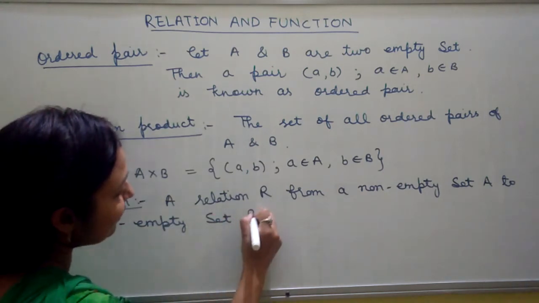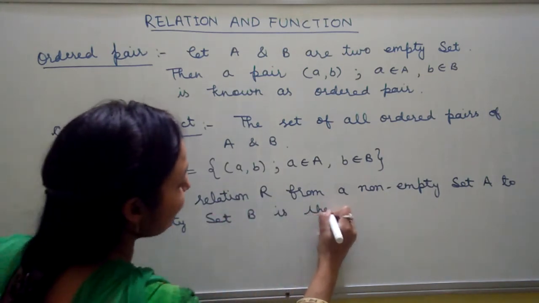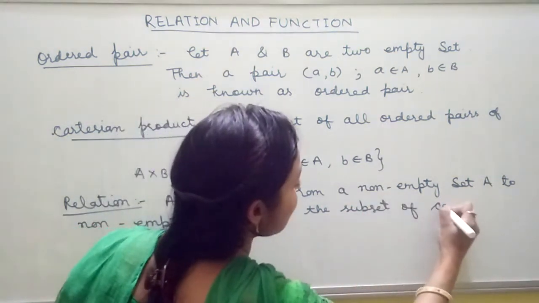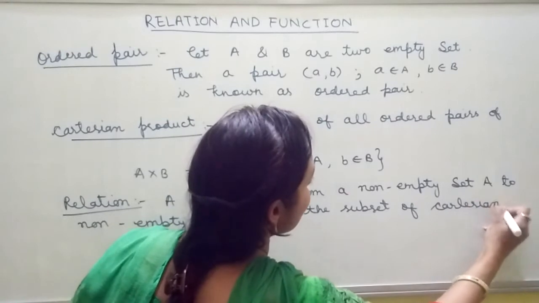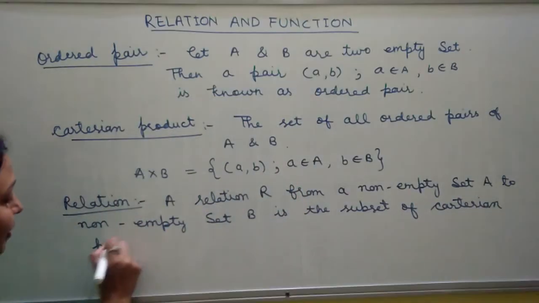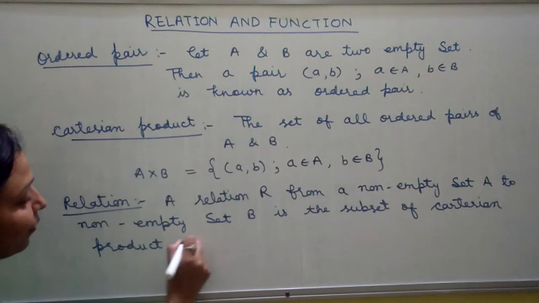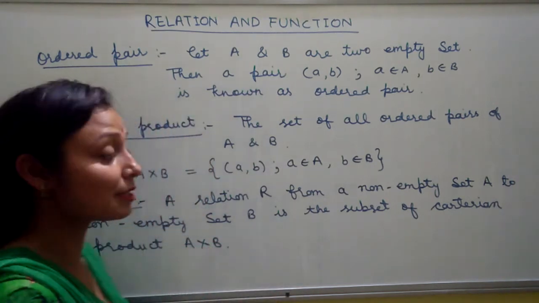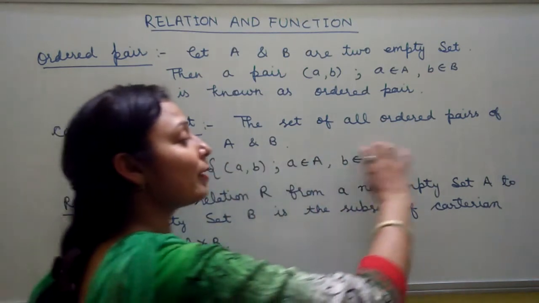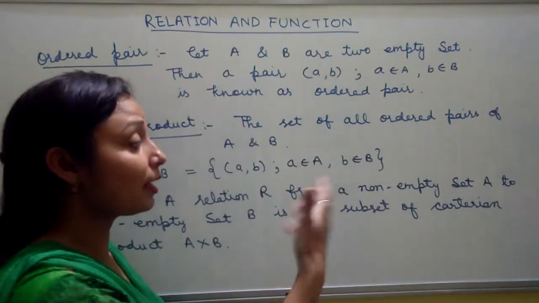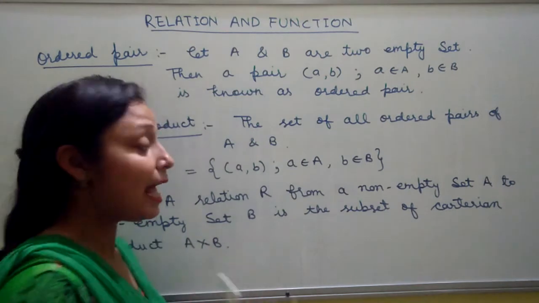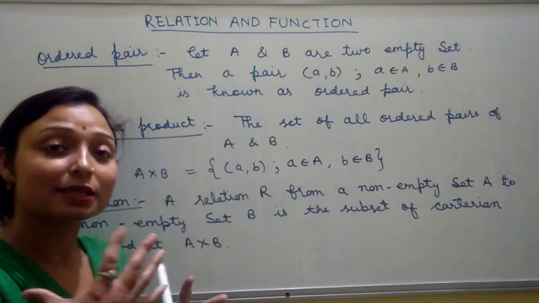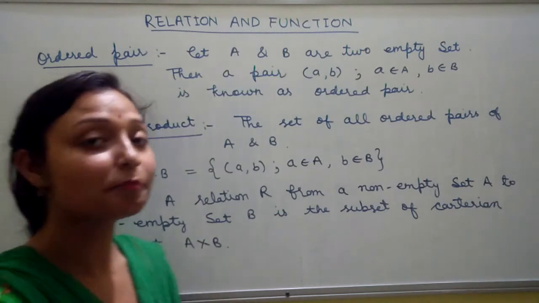If there are many elements, then according to the elements there are subsets. Any subset of the Cartesian product is a relation.